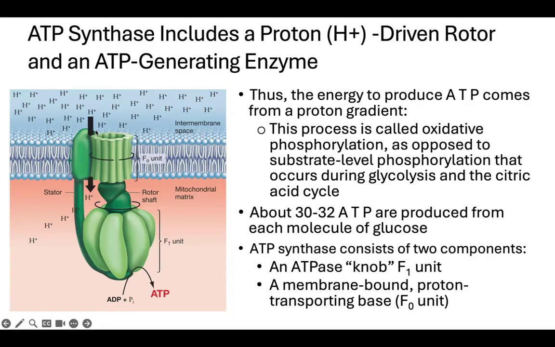And the hydrogens power this motor so that what it does is that it ends up attaching phosphates to all the ADPs that are in the mitochondria. Let's take a look. This is the step that garners us 30 to 32 ATPs.